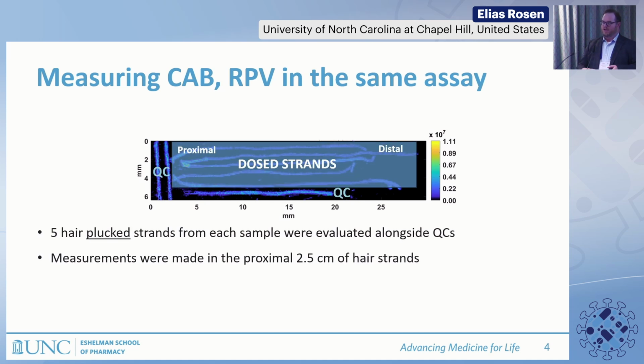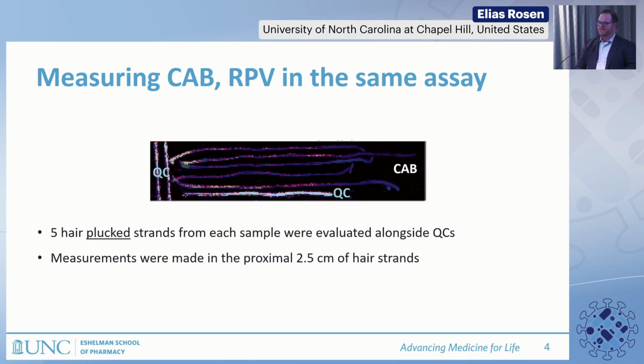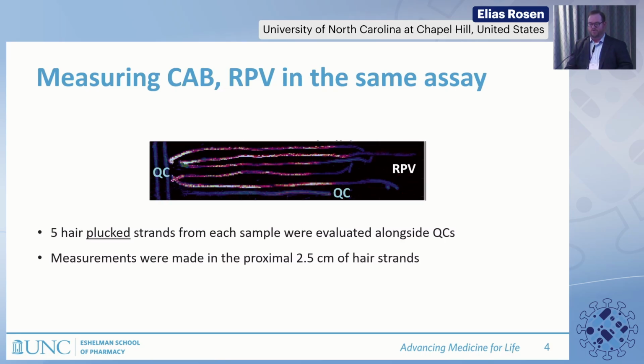And then we orient the proximal or root end of the dosed strands to the left of this image, and you can see the disposition of Cabotegravir and the higher disposition of Rilpivirine, which we attribute to increased accumulation in the hair strands based on the physicochemical properties of the drug.